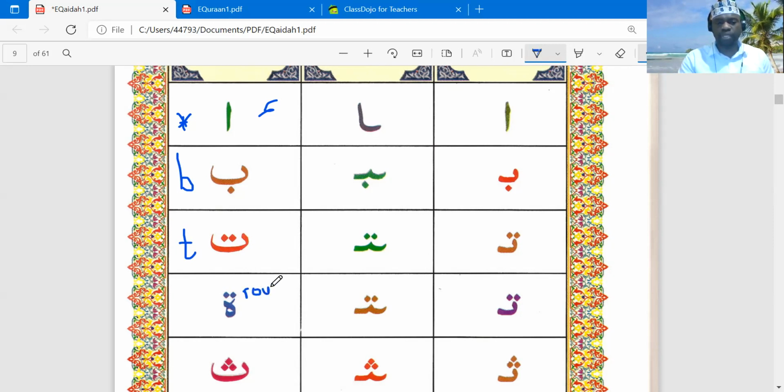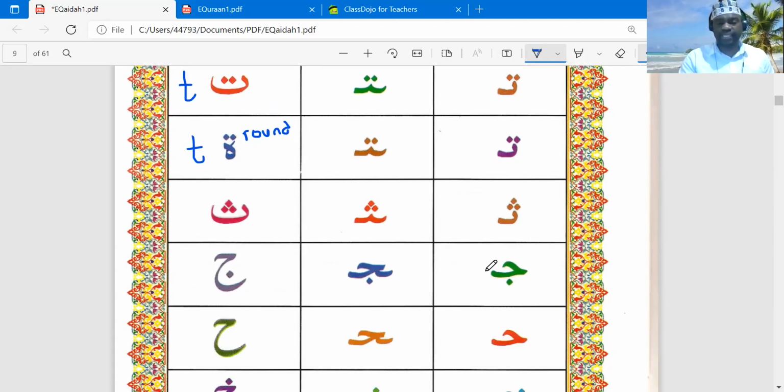It's called a round Ta, and it still sounds the same. The next letter is Tha because it has three dots. Tha, Tha, Tha, like in thank you.